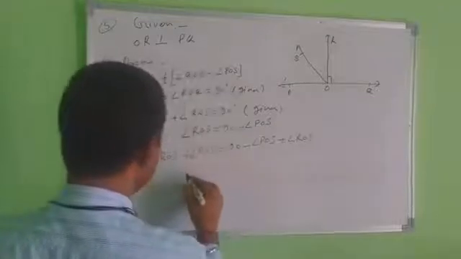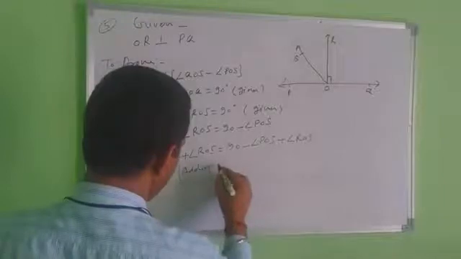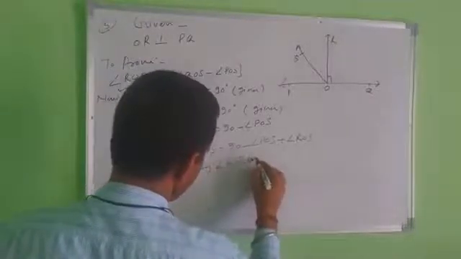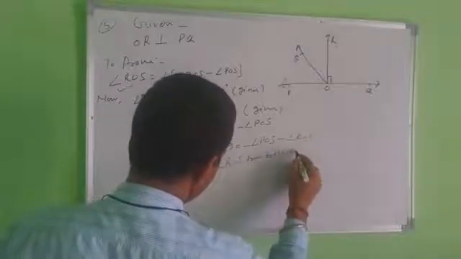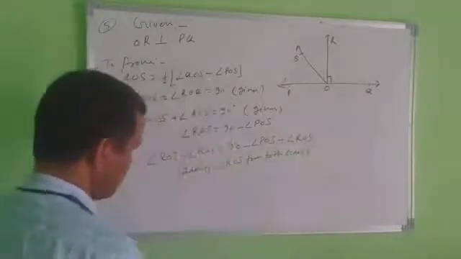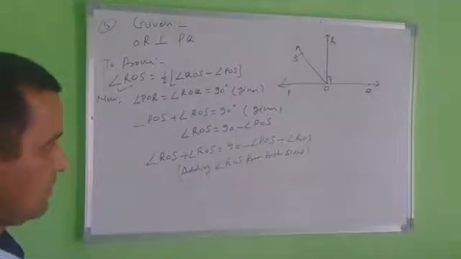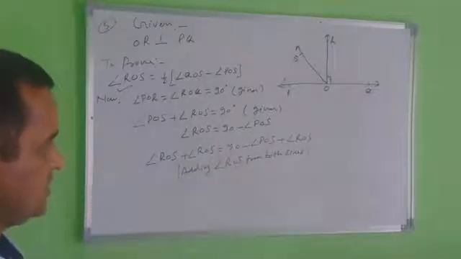Adding ROS on the left side and ROS on the right side, the value of the equation does not change.